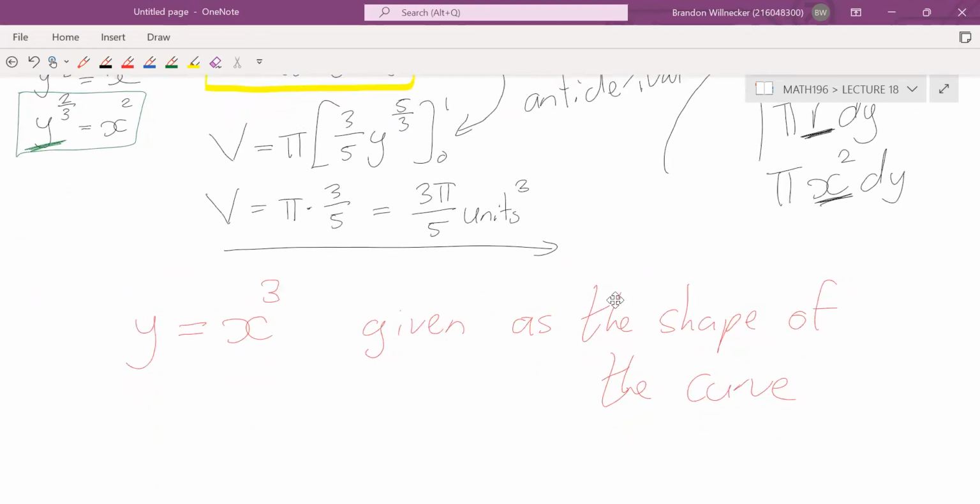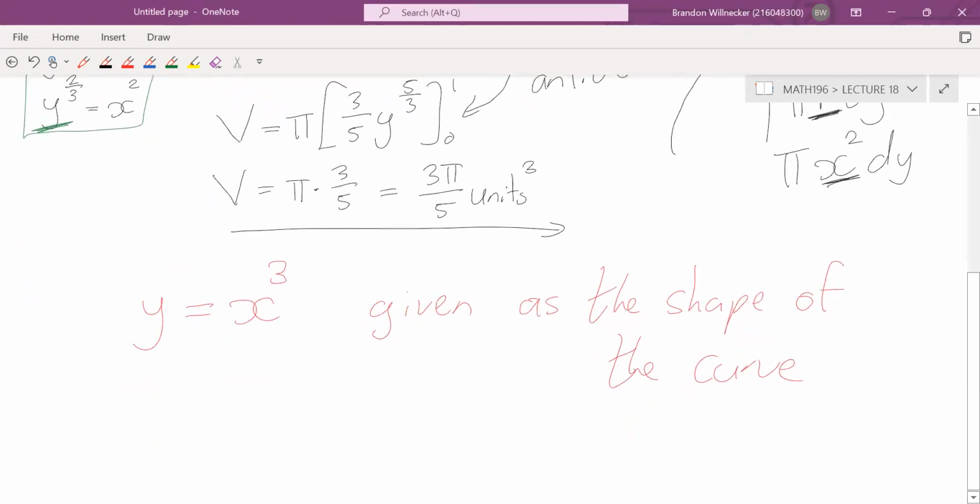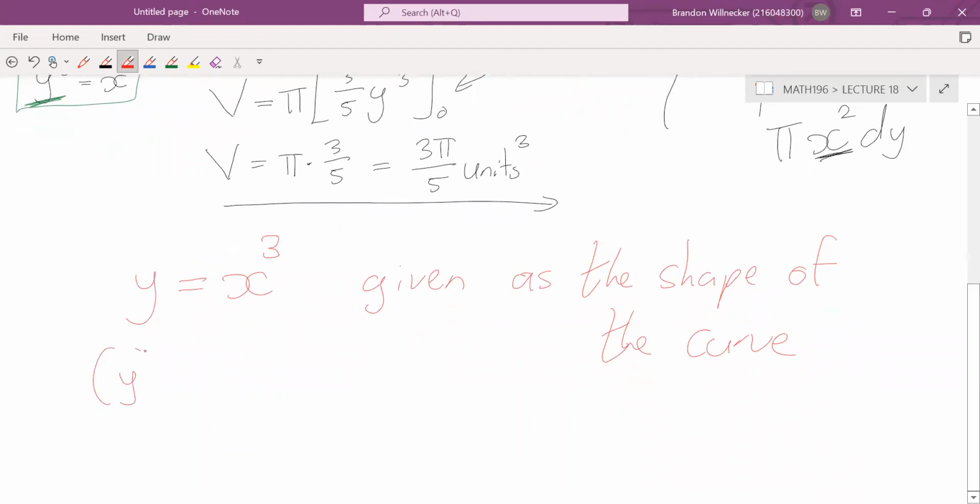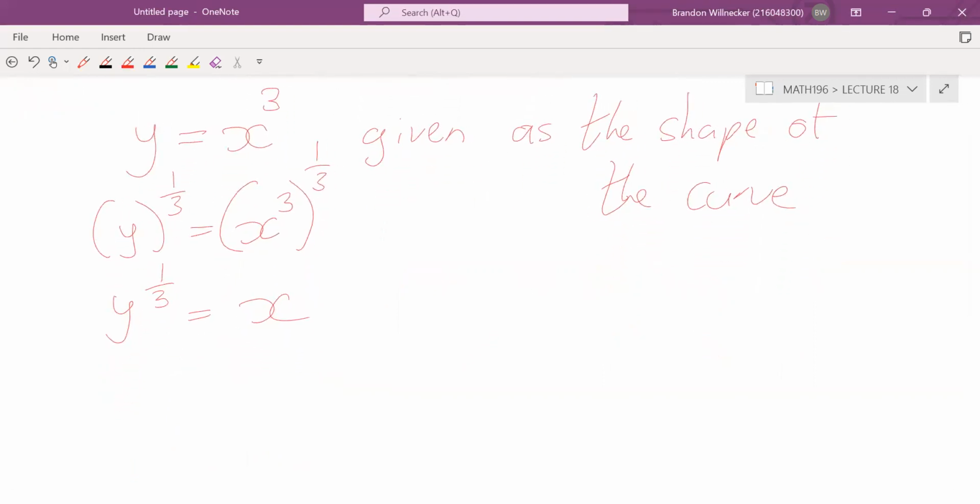So we're going to take the cube root on both sides. So cube root of y is x cubed, cube root. So this is going to be y to the 1/3 is equal to x, because the 3 and the 1/3 cancel out to give x. So now we're going to square both sides. So y to the 1/3 squared is equal to x squared.